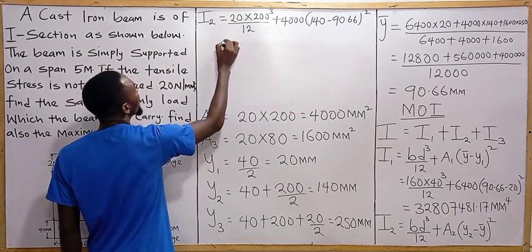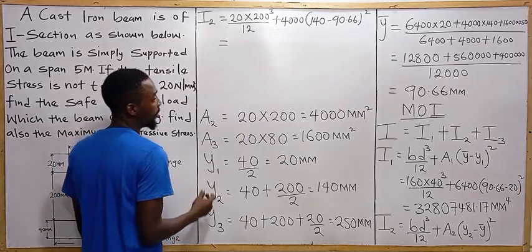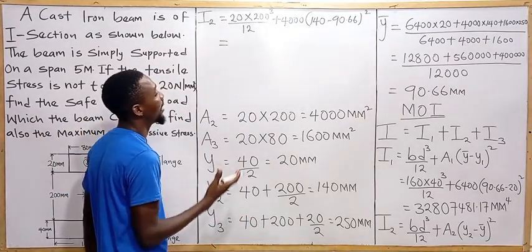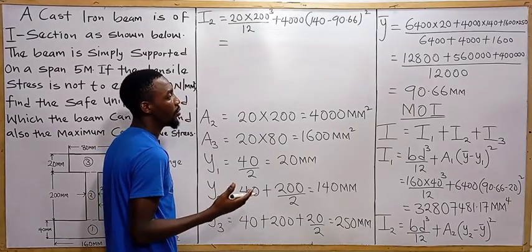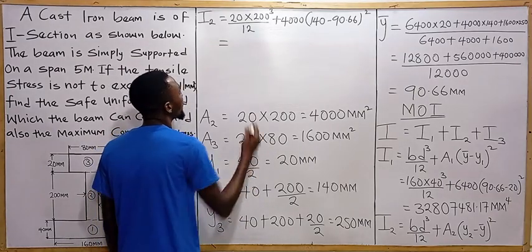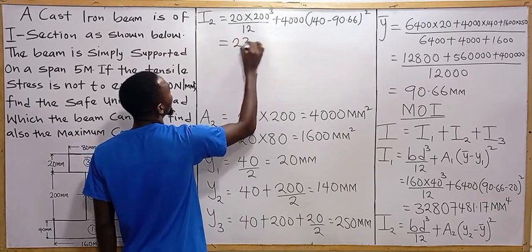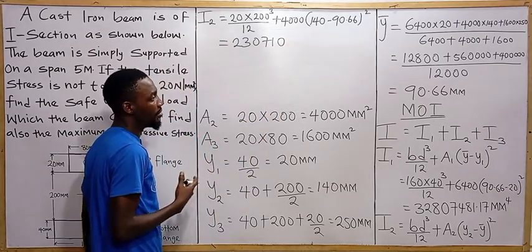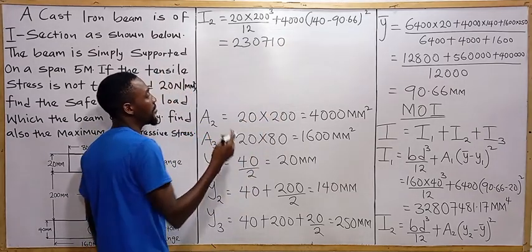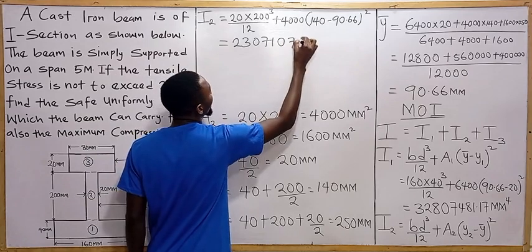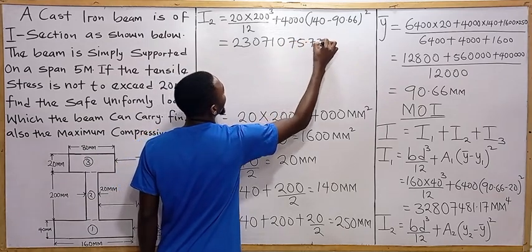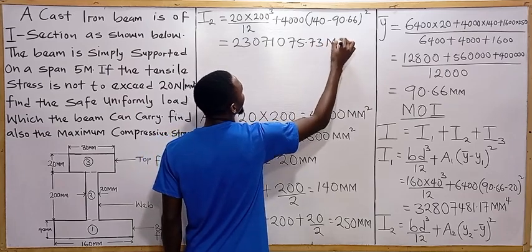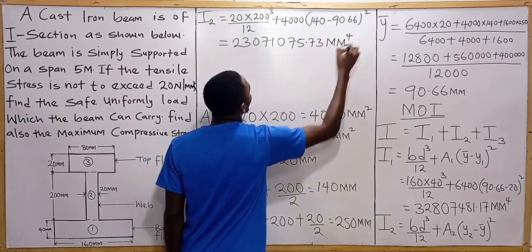So by the time you press all of this in your calculator, you are going to have your I2 to be nothing but 230710075.73. So our units remain as mm to the power of 4.